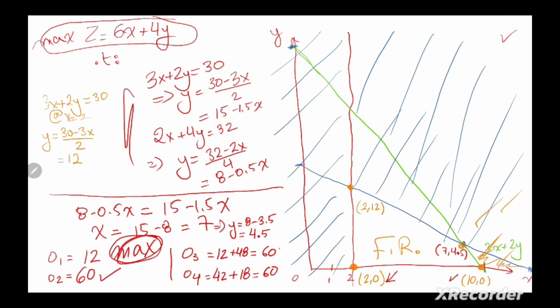This is a 60, this is a 60, and this is a 60. So I have 3 feasible solutions, and that's completely fine. We are happy with this, to have 3 possible solutions. It's very good. And then I have the option to choose between them based on other factors as well.